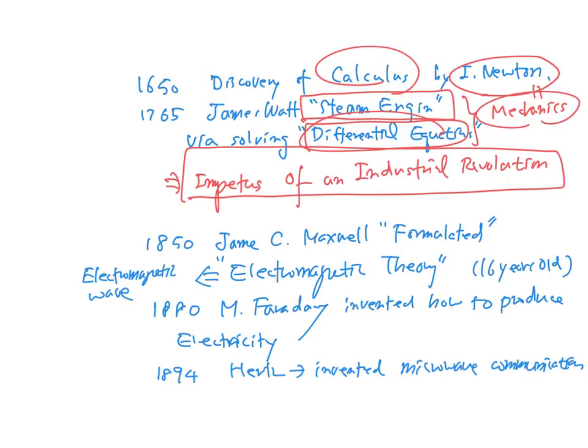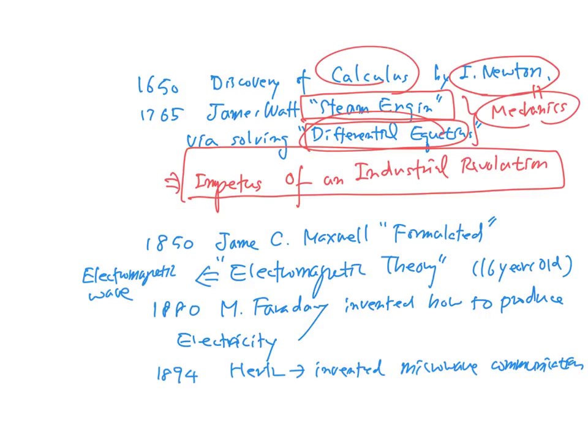And then those theoretical tools allowed James Clerk Maxwell in about mid-19th century to formulate the electromagnetic theory. And the two things he predicted: one is one can produce electricity, and another one is one can produce electromagnetic wave, which is propagating through the space.